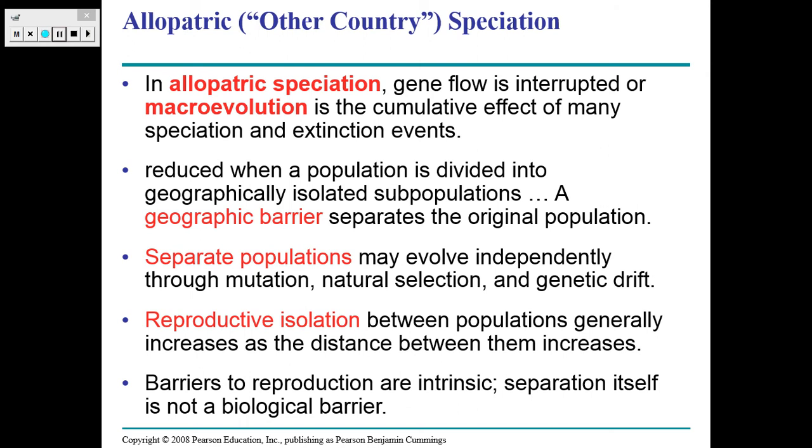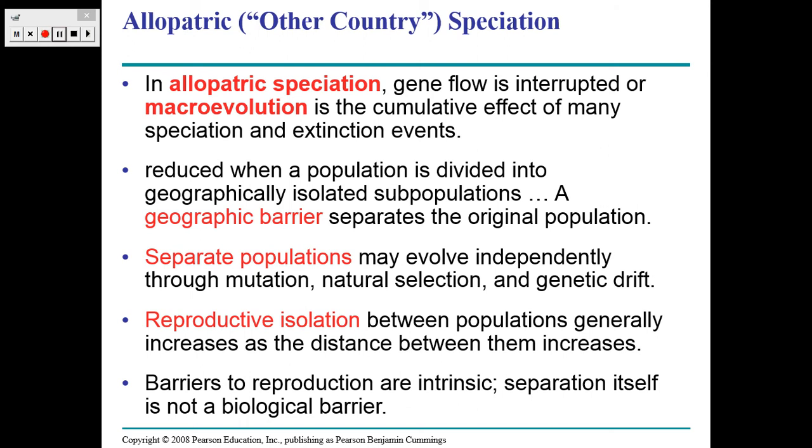So whether it was migration, a natural disaster, or something that humans did that separated the population into two subpopulations, the rest of those evolutionary changes can start to occur, and that just makes the divide greater. That makes the species really be completely defined.